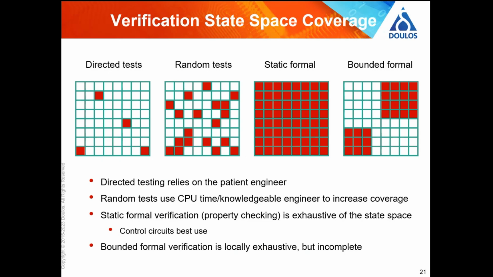What this last diagram is showing is what happens when formal can't prove it, because guess what? Usually you can't prove your entire design is correct. Who'd have thought?